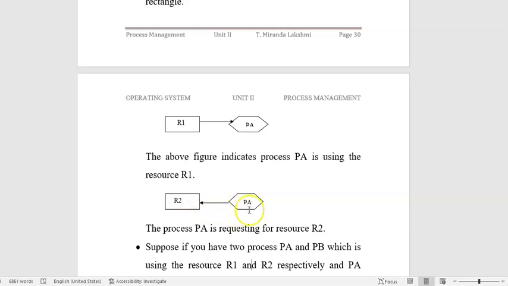So these are the two different diagrams. The hexagon is used for your process and the rectangle is used for your resource. If the arrow mark is changed, then we can say PA is requesting the resource R2.